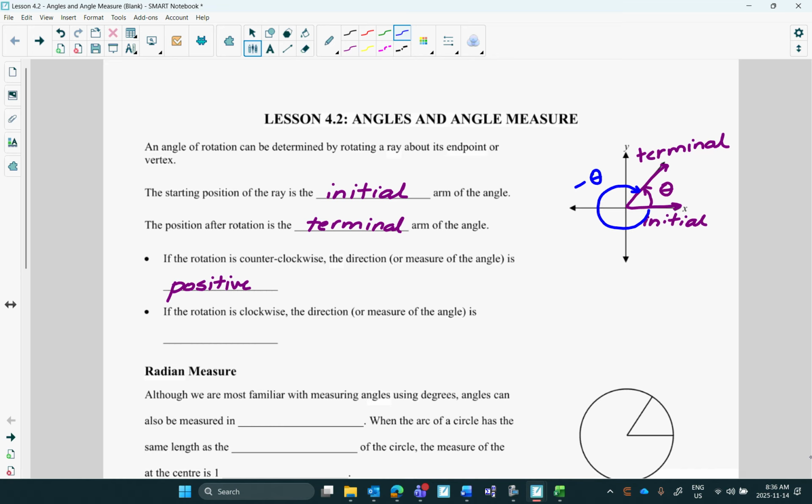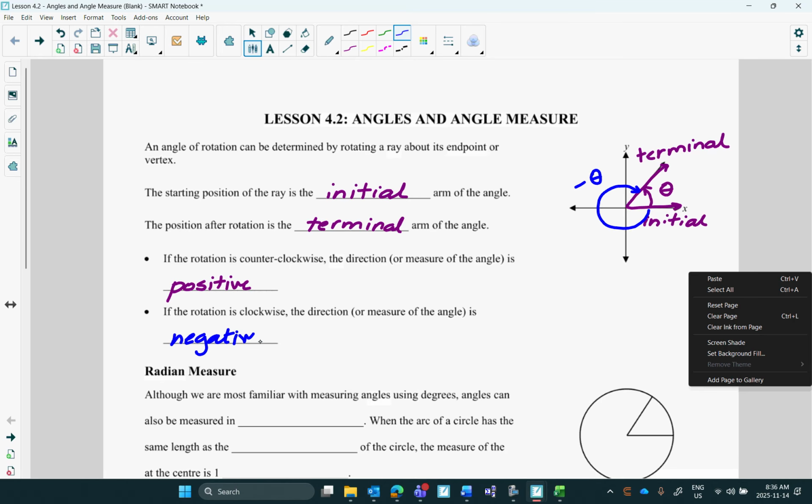Because really, whenever you draw an angle with or without a coordinate grid, you're actually drawing two angles all the time. So if we go in a clockwise direction, the angle is going to be negative.